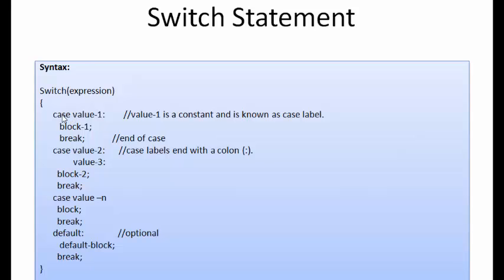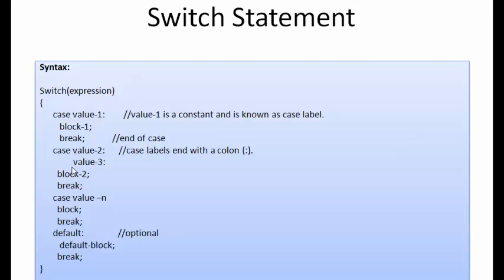Or if the expression does not match value 1, the controller will check for case value 2 or case value 3. If we get a match, then the controller will read block 2.